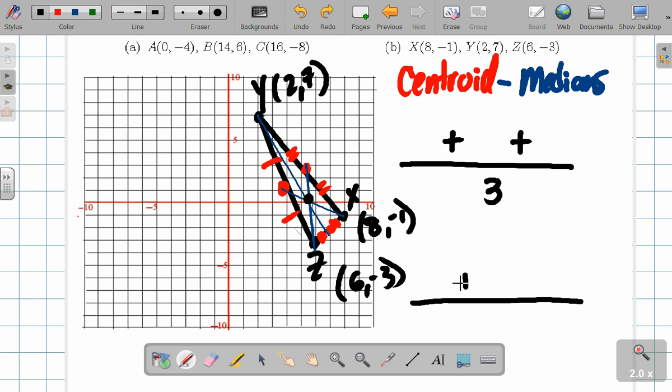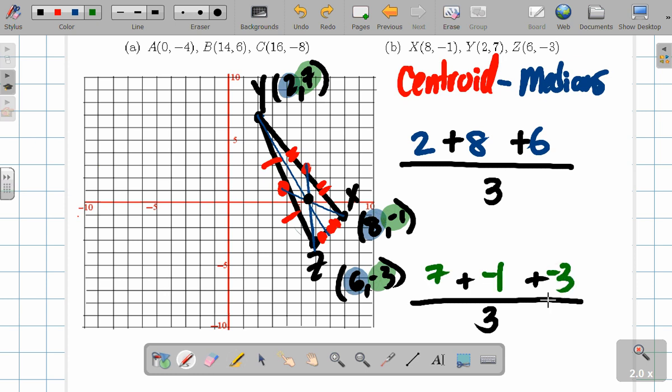And then your y coordinate, see what I'm doing? Okay, so we're going to put our x's on top. And then our y's. Decimals are okay. Okay, you do your math, I'll do mine.